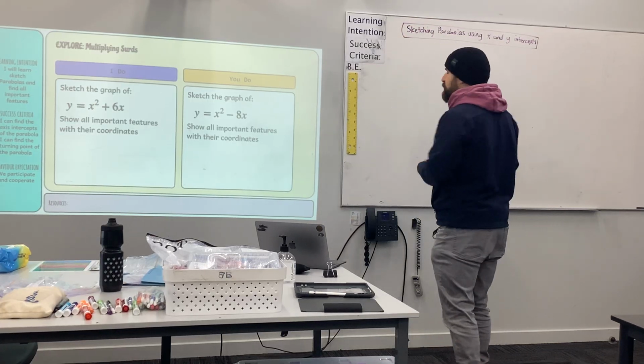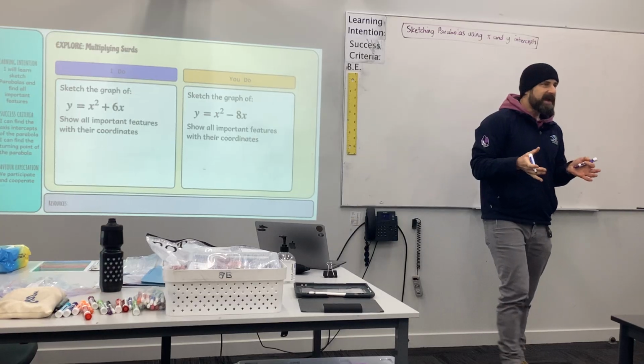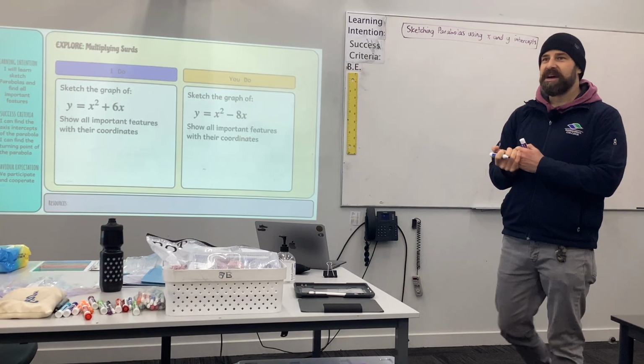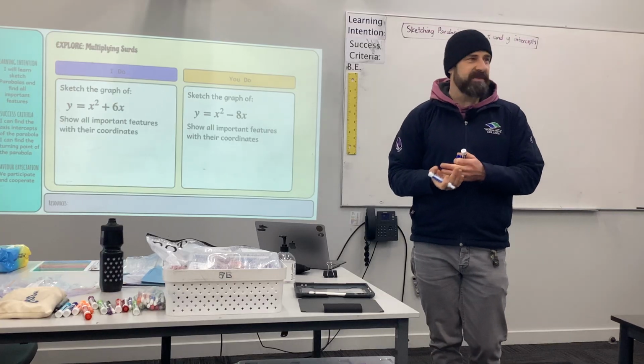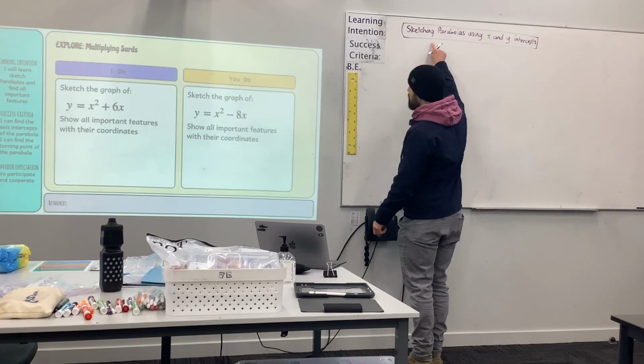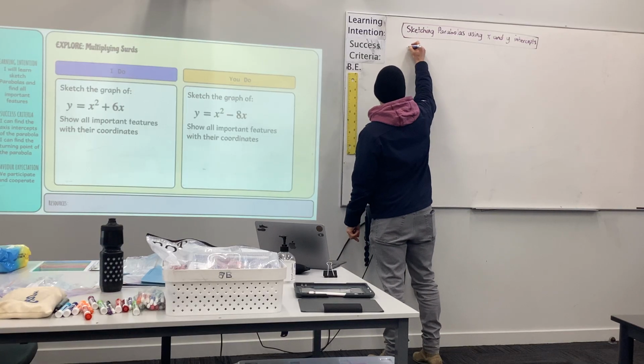And one of the things I spoke about yesterday for our summary journals is what I would like you to start writing down is when to use each of these strategies. So when do we need to use this strategy?